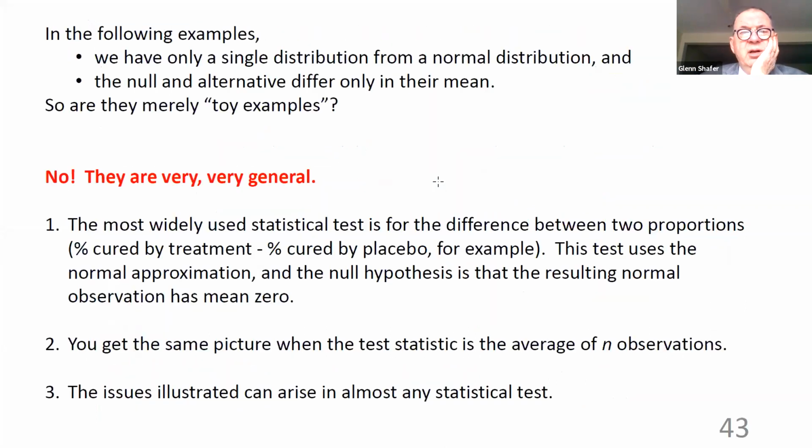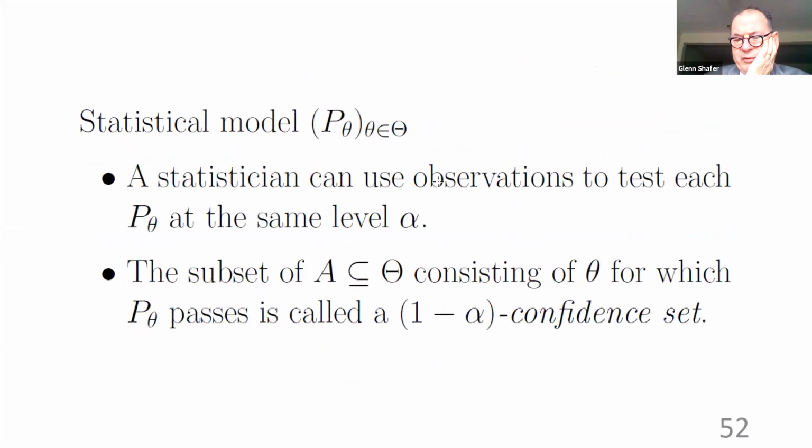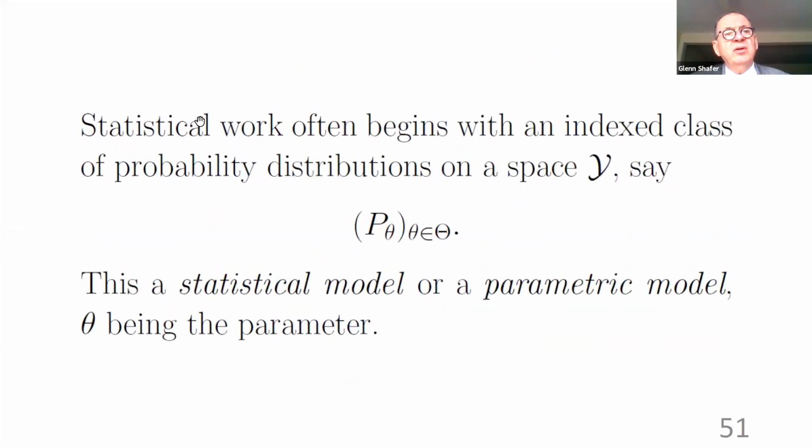We had these examples, and then I just had a couple of slides about warranties. This is the case where you have a statistical model, or a parametric model, where theta is the parameter.